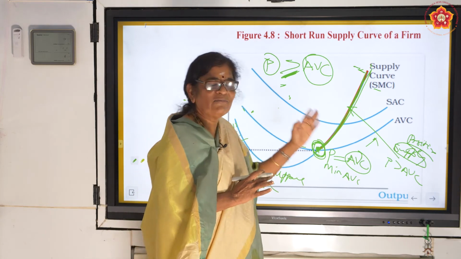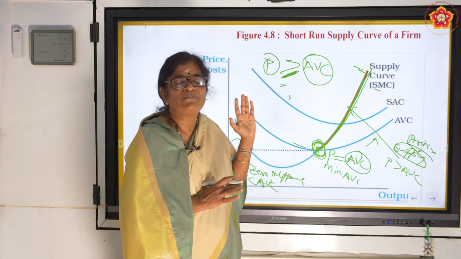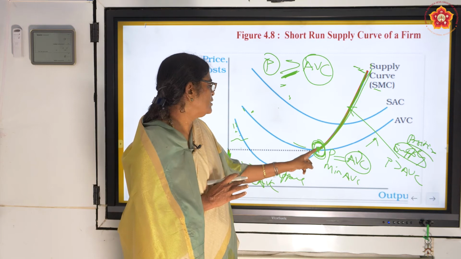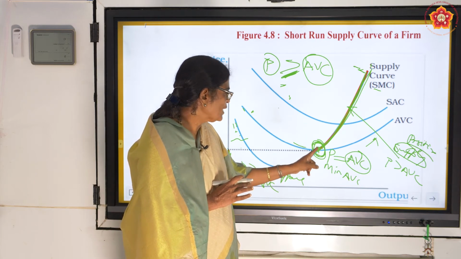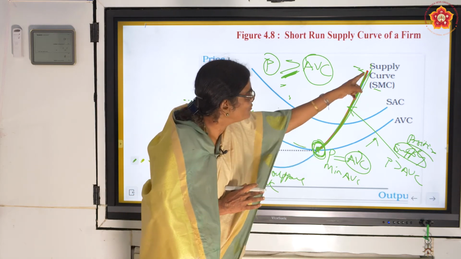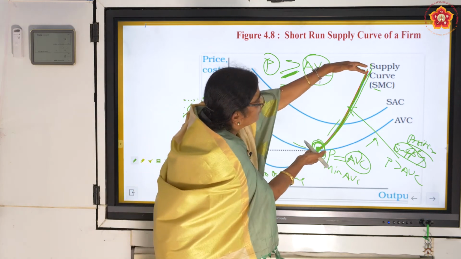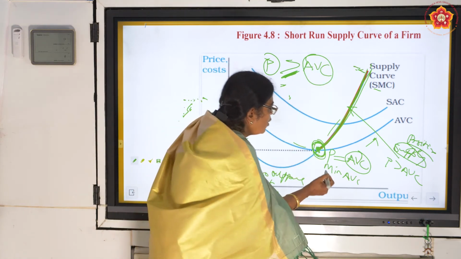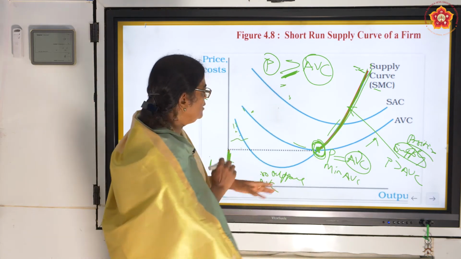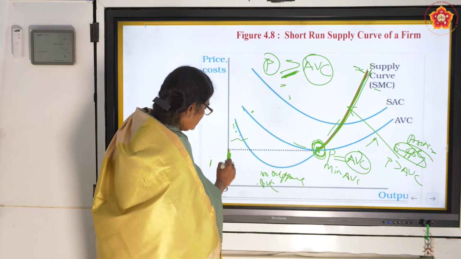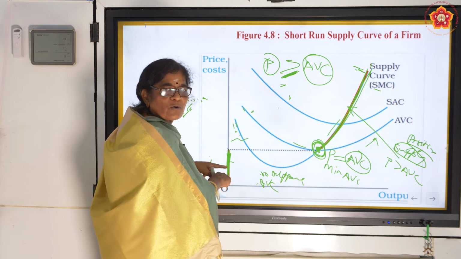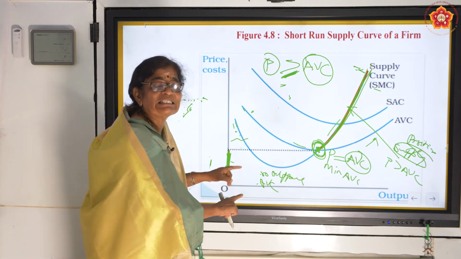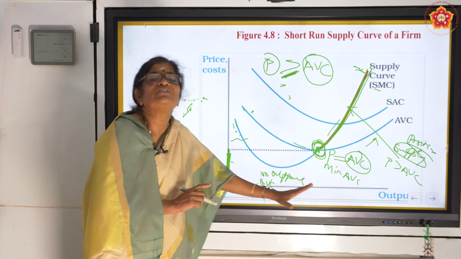Therefore, what is the definition of the supply curve of a firm? The supply curve of a firm is a part of the SMC curve, that is this portion, rising from and above the minimum AVC curve, together with the zero output for all the prices which are less than average variable cost.